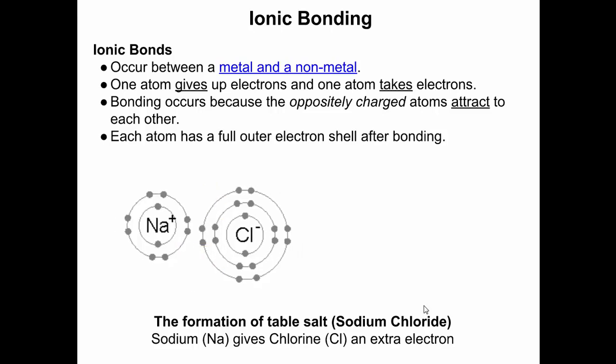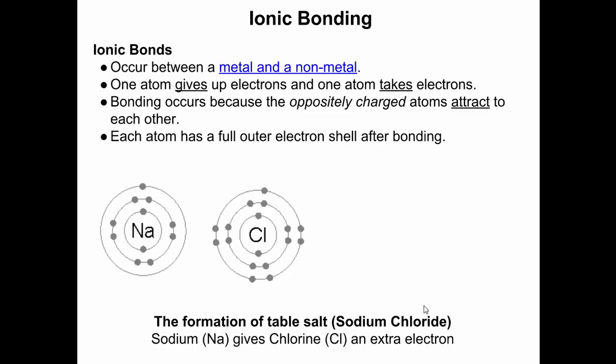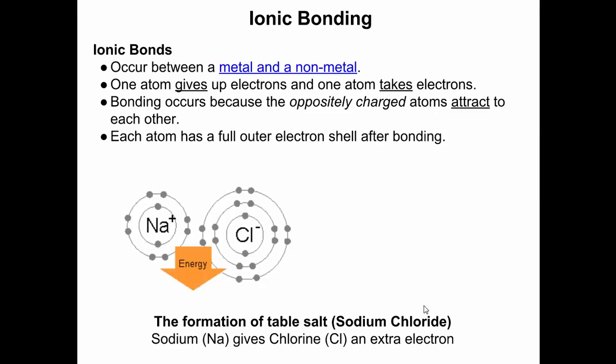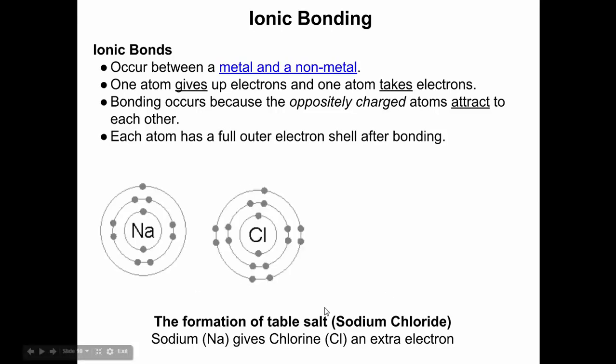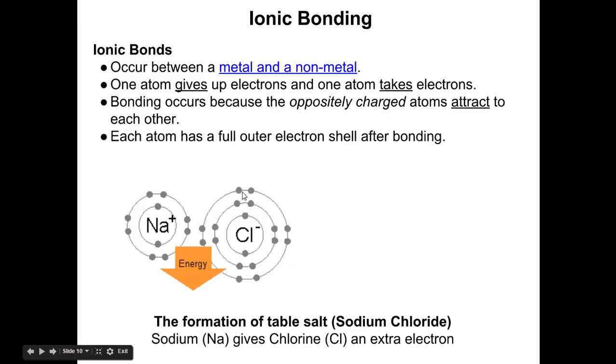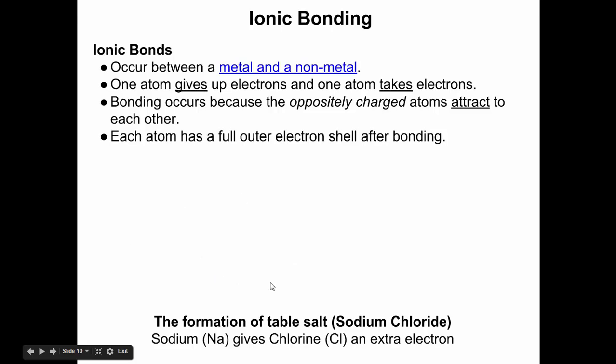a full outer shell. So if you watch the video, you'll see it's going to give the electron away. Right, so now that third shell disappears for sodium, and it gets filled in chlorine. So here it goes, right? So there it goes. So energy is being released. That electron filled chlorine's shell.